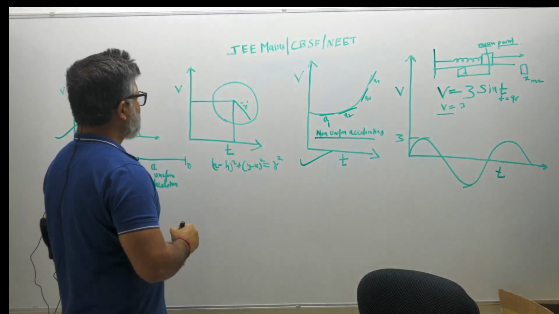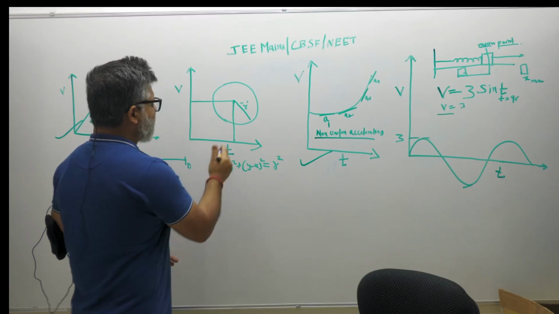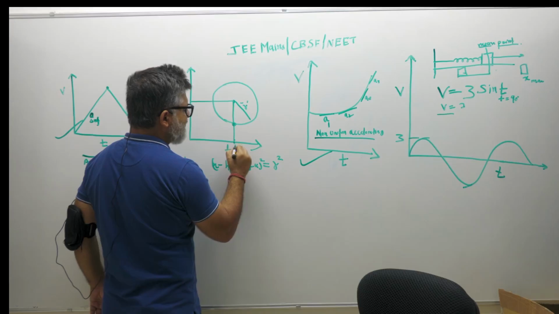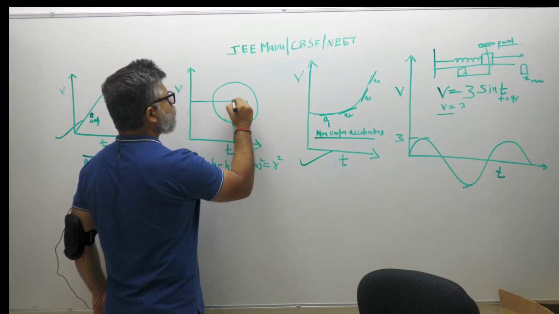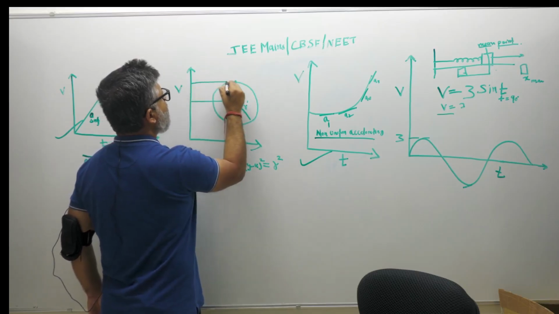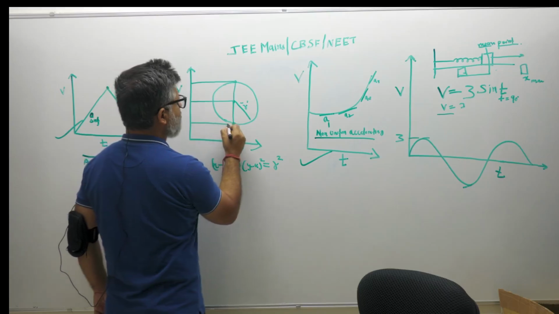If I notice, for a single time t1, the body has two velocities, right? This is one velocity of the body, this is a second velocity of the body.